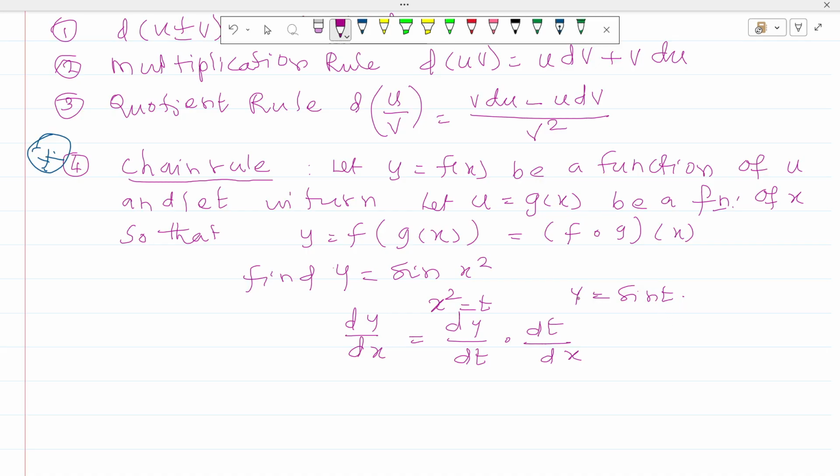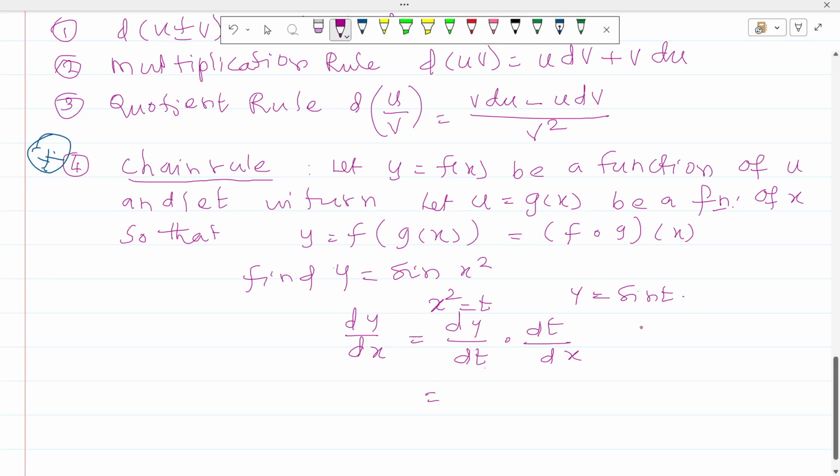But now y equal to f of x is converted into y equal to sine t, therefore first you have to differentiate y with respect to t, because x is not showing explicitly here, it is there implicitly. So dy by dx equal to dy by dt, and then you have to differentiate t with respect to x.